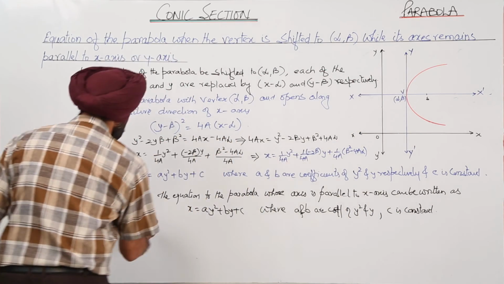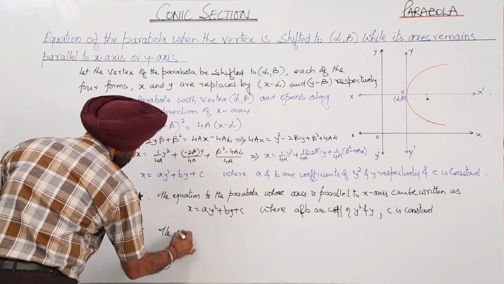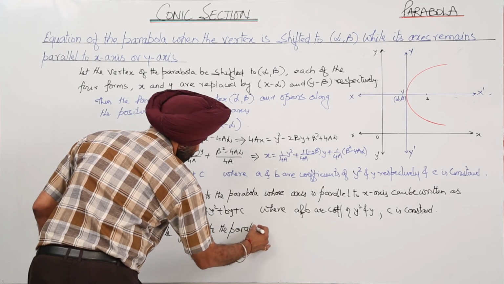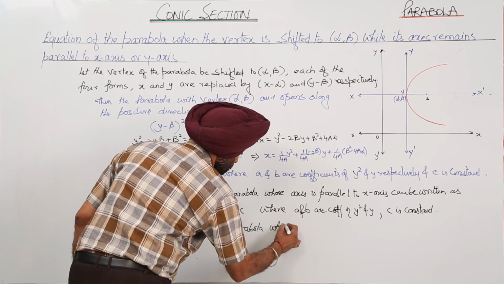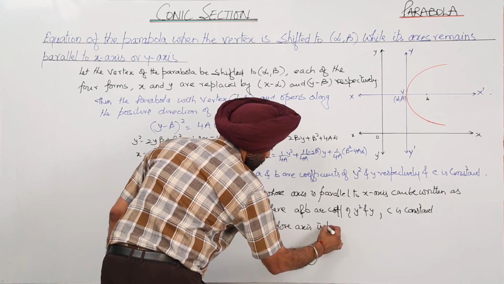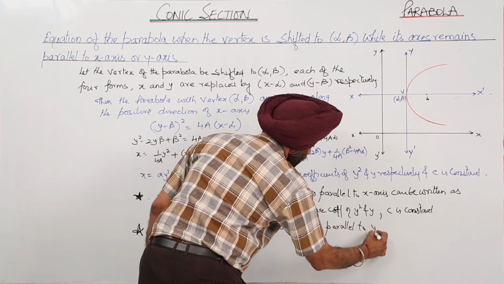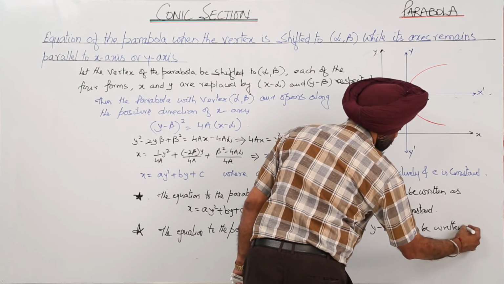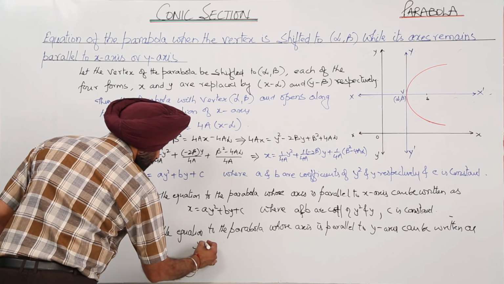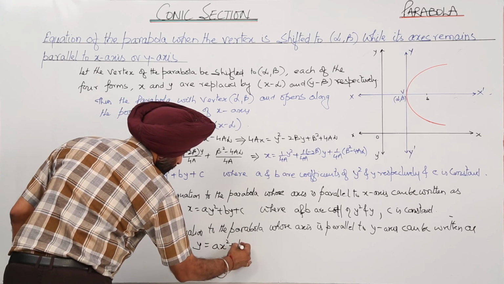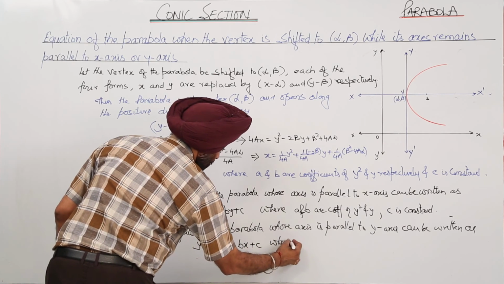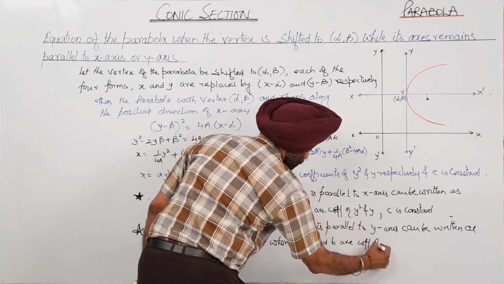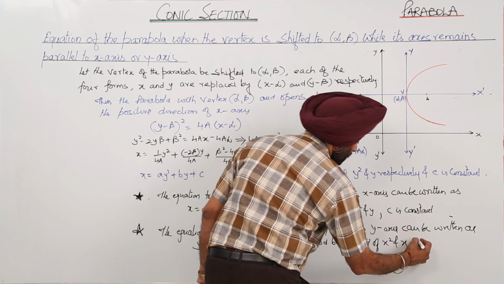One thing, and second thing, the equation to the parabola whose axis is parallel to the y-axis, and we are going with some examples also for this, can be written as y is equal to ax square plus bx plus c, where a and b are coefficients of x square and x, c is constant.